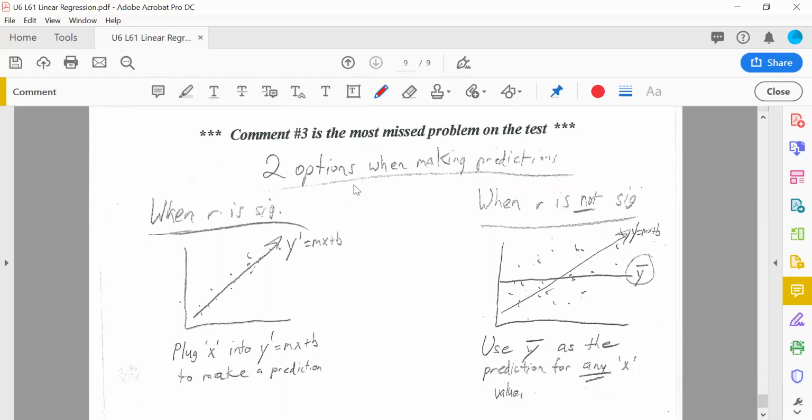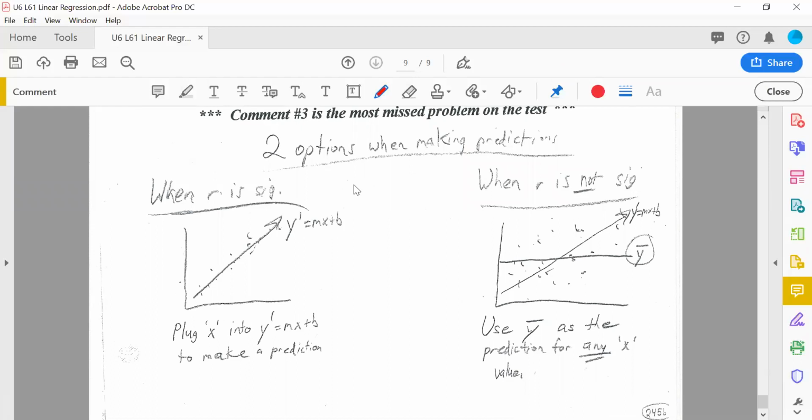There are two options for your homework tonight when making predictions. When you perform your hypothesis test, you are either going to reject H0 or you're going to fail to reject H0.